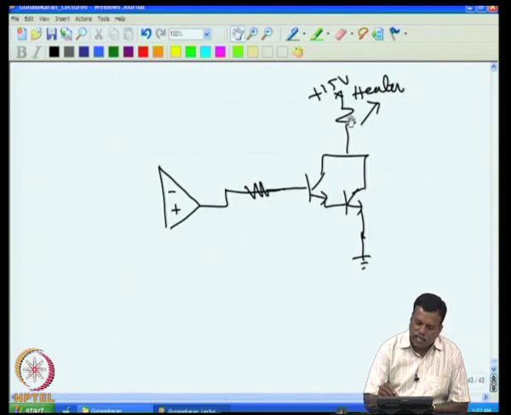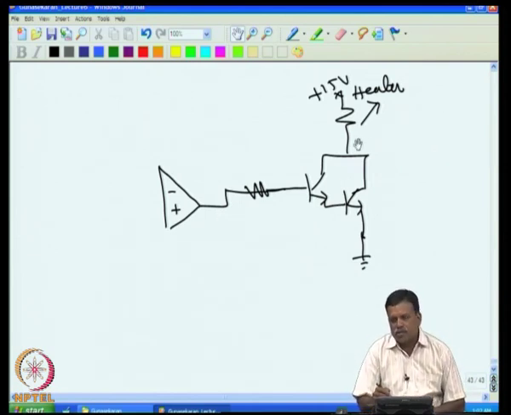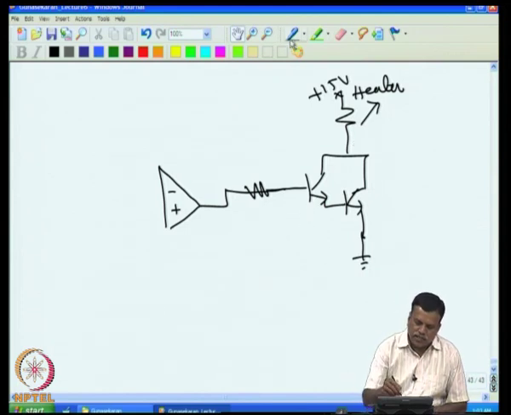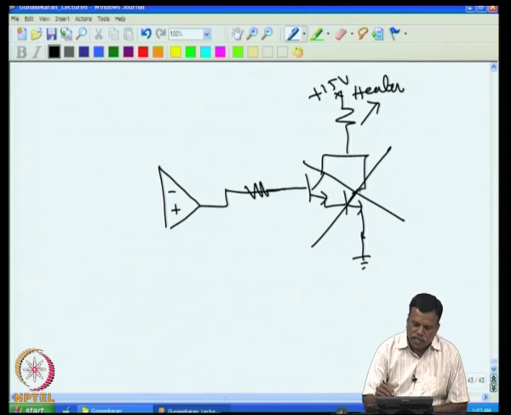In fact, you have a gain here, and once the voltage at this point goes above 1.2 volt, it is completely switched on and will act like an on-off controller, and the proportional controller action will be completely lost. So this circuit should not be used for a PID controller or a proportional controller for that matter.